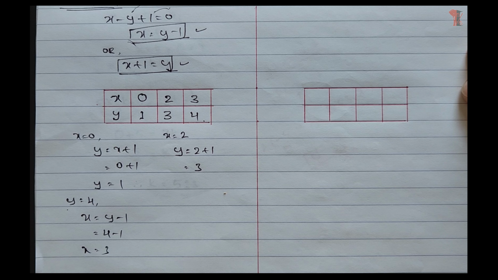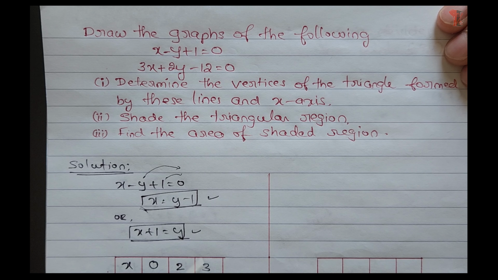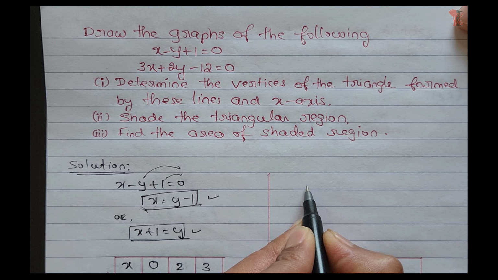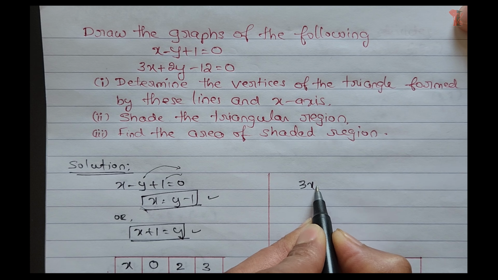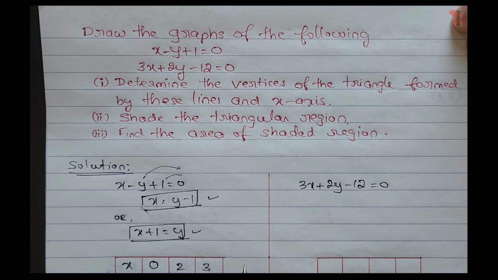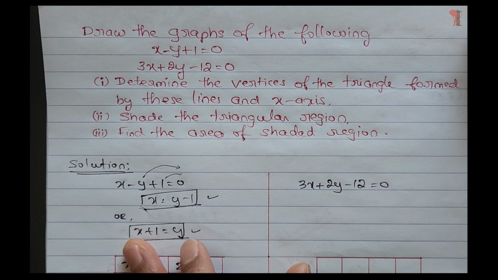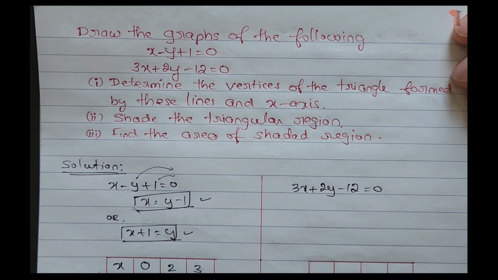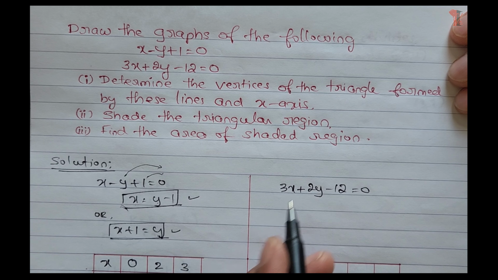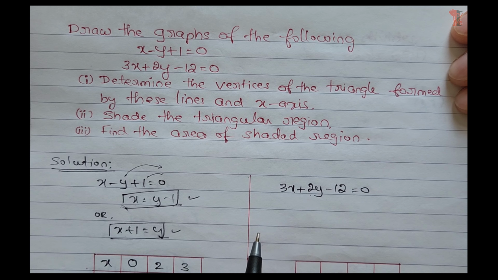Now we'll move on to the second equation. The second equation is 3x plus 2y minus 12 equal to 0, correct? Here we will restrict our arrangements. We will arrange it in such a way that 2 should be the denominator.